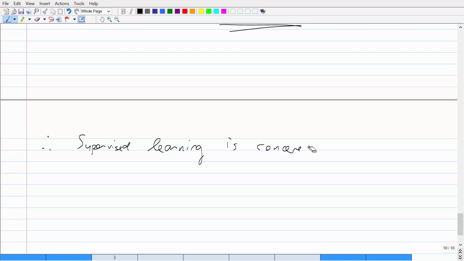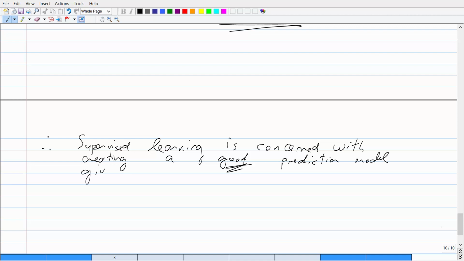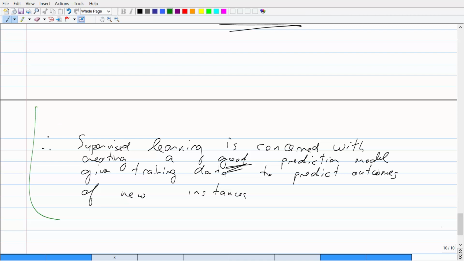Supervised learning is concerned with creating a good prediction model, given training data, to predict outcomes of new instances. So that's pretty much what supervised learning is. You're the teacher, you're trying to create a nice model to be able to predict or classify new data that comes in. All right, so that's the bare bones definition.